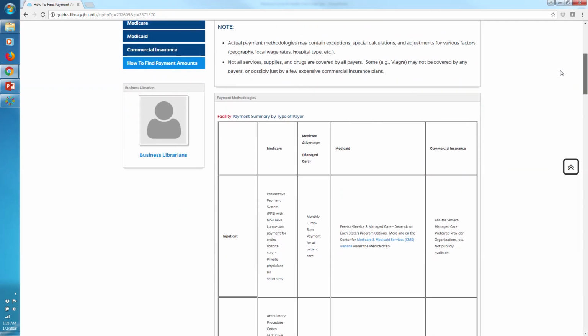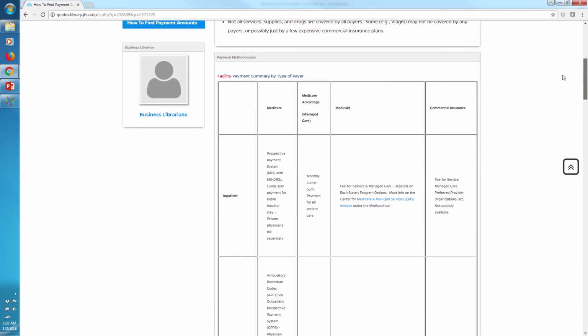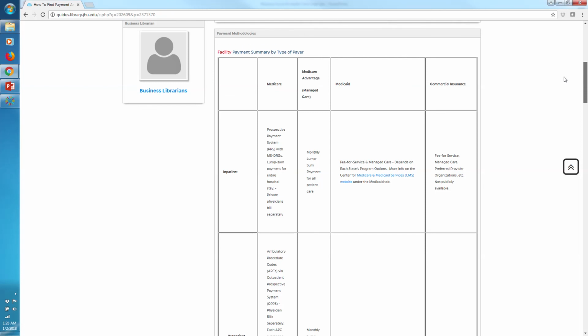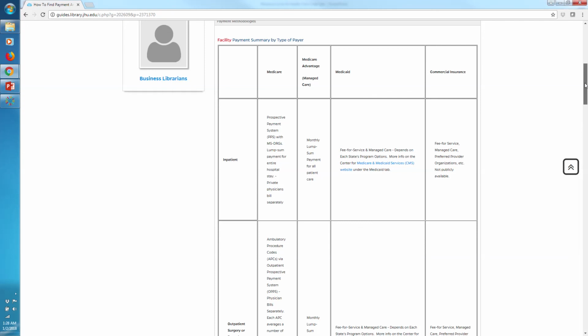But primarily it gives you some idea of the different types of payment. So here we have facility payment summary, type of payer, Medicaid, or here under Medicare, you've got the different types of payment systems that you're going to see, and then the different nuances to each one.